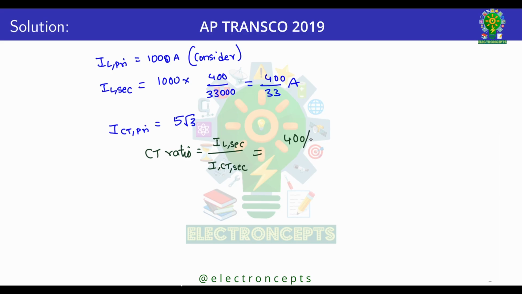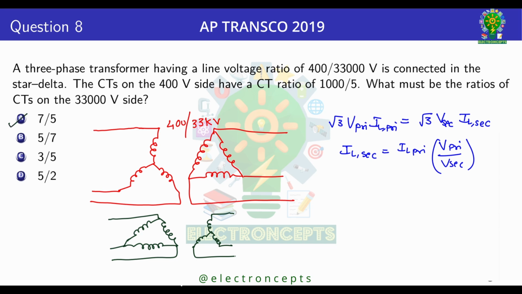CT ratio will be 400 by 33 divided by 5 root 3, which is equal to 7.5, which means CT must convert secondary side of main transformer current, that is 400 by 33 amps, into 5 root 3 amps. The CT ratio must be 7 by 5. Therefore, option A is correct.